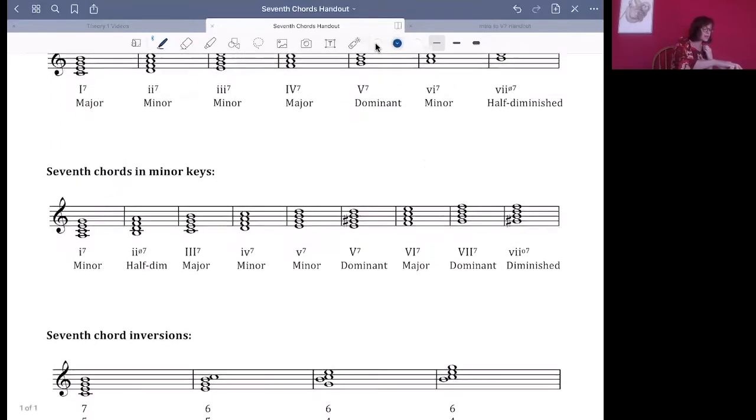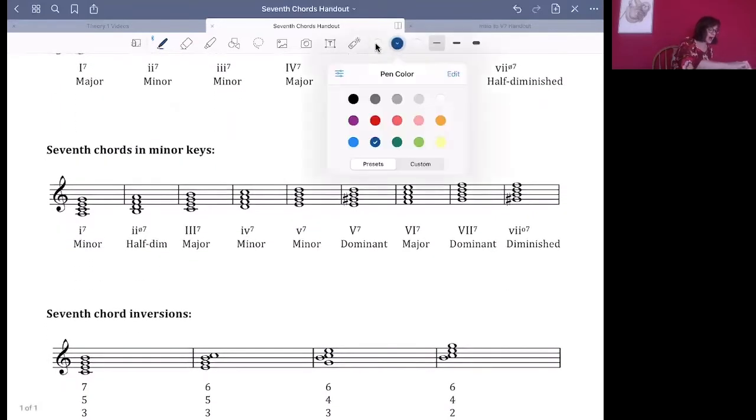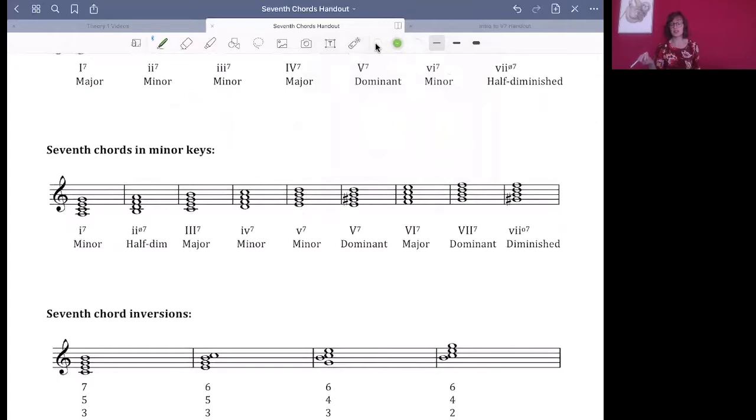Now you might notice that we have two chords, two 7th chords built off of scale degree 5 in the minor key, and two that are built off of scale degree 7. Now, just like with triads, we are just invoking two different flavors of minor.